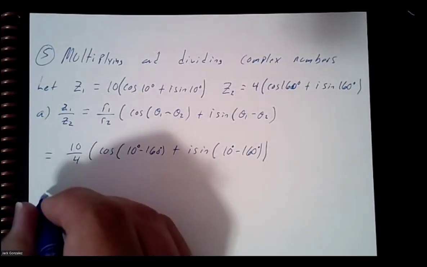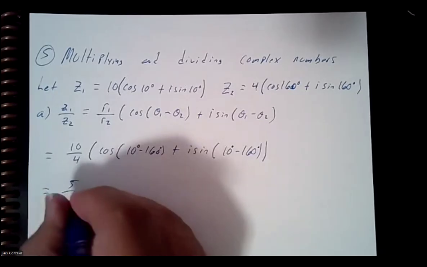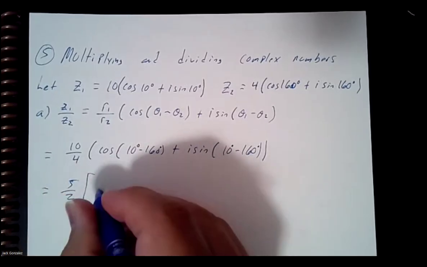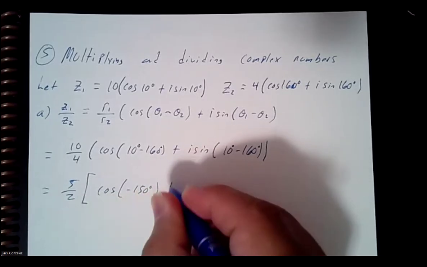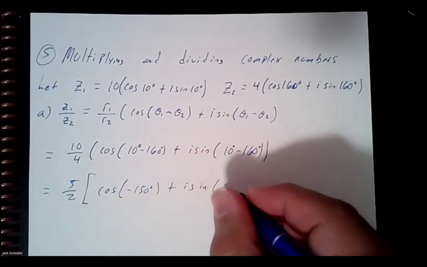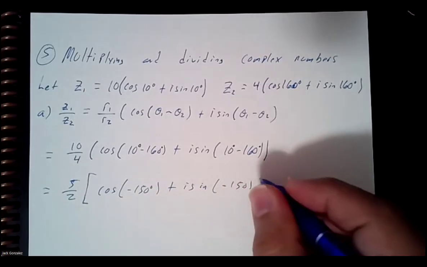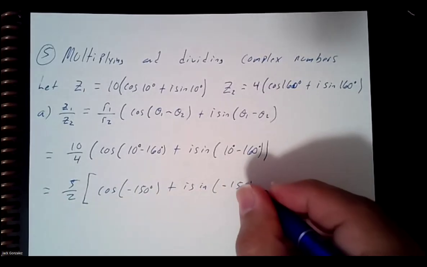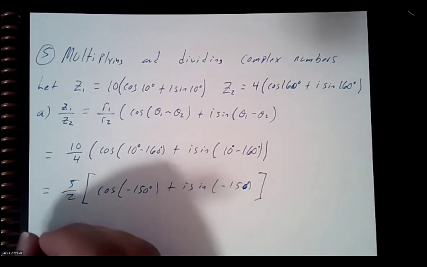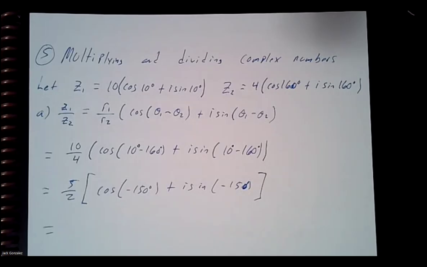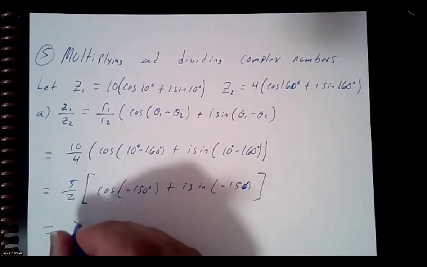This will be 5 halves. Let's put brackets for this one. Cosine of negative 150 plus I sine of negative 150. Use your even and odd properties to get rid of those negatives in there.